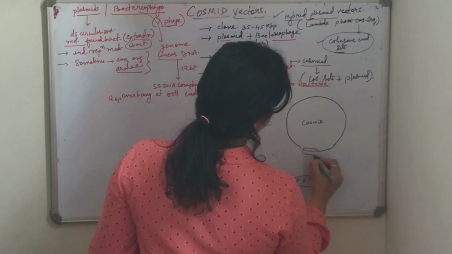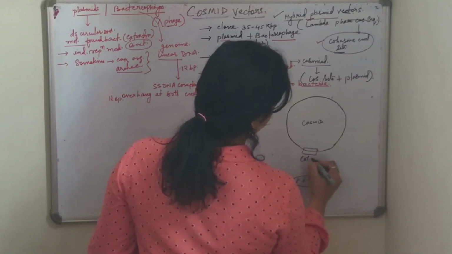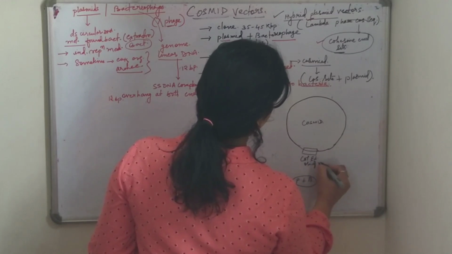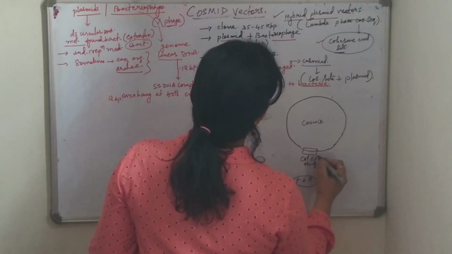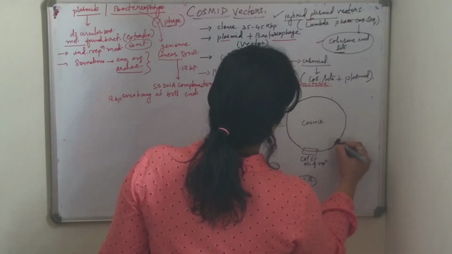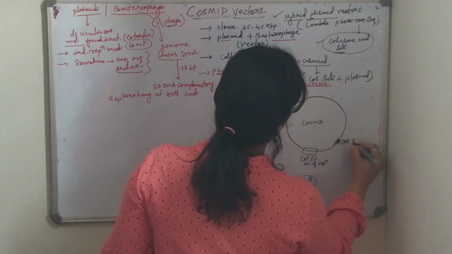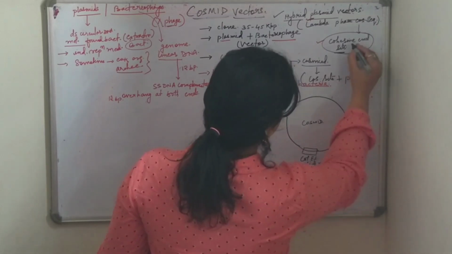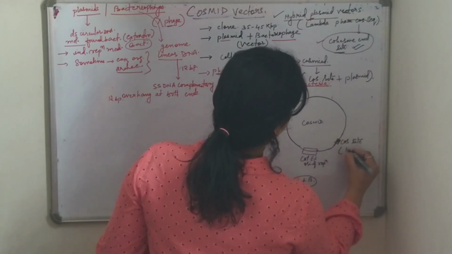This is the plasmid origin of replication, called the ColE1 origin of replication. This is the ColE1 sequence. This is the cos site, cohesive end site. This may be 1 or 2.